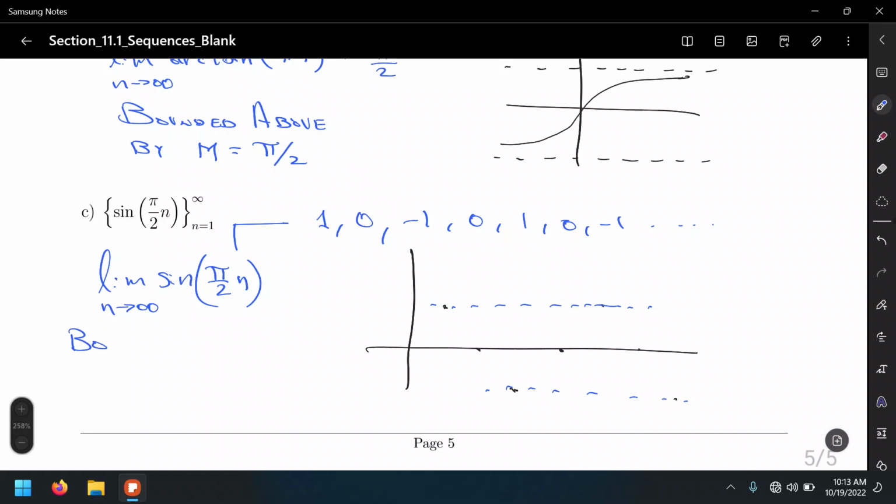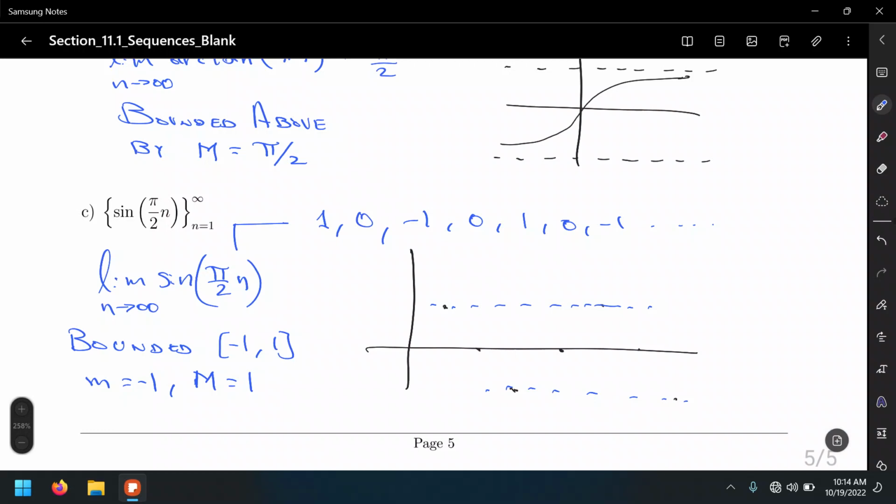We just say it's bounded between negative 1 and 1. And all we have to do here is split this into values: little m equals negative 1, that's the lower bound, and big M equals 1, which is the upper bound. So one example of each: one bounded below, one bounded above, and one that is just bounded.